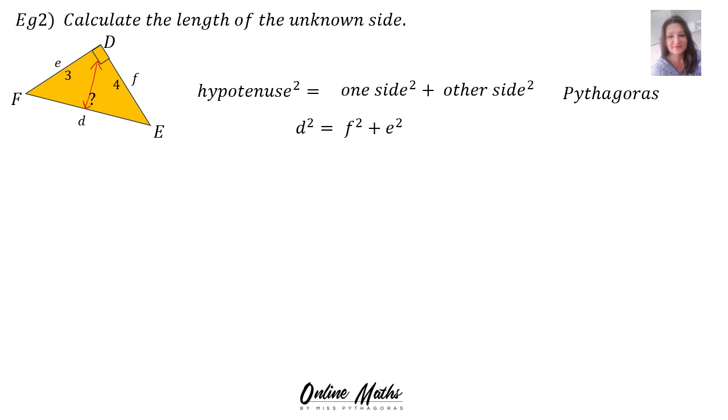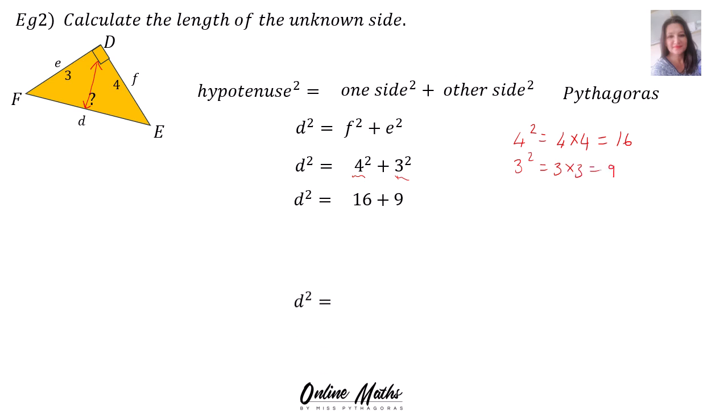Then we can substitute. d squared is what we're looking for. f is 4, so 4 squared, plus e squared. e is 3. Then 4 squared. Remember, 4 squared means 4 times 4, not 4 times 2. And that one is 16. And then there's d squared. 3 squared means 3 times 3, which is 9.